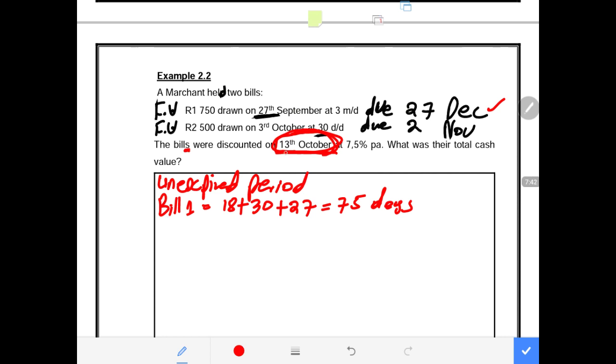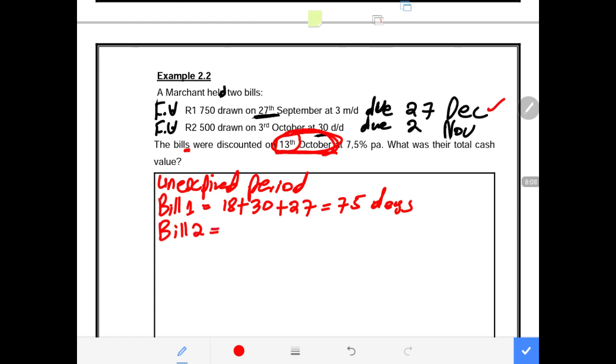That means we do not include the 13th of October when we're calculating the due date, or the unexpired period. We start on the 14th, 15th, then you go upwards. If you count again with your fingers, 14, 15, 16, up to the 31st of October, you will get exactly 18 days.